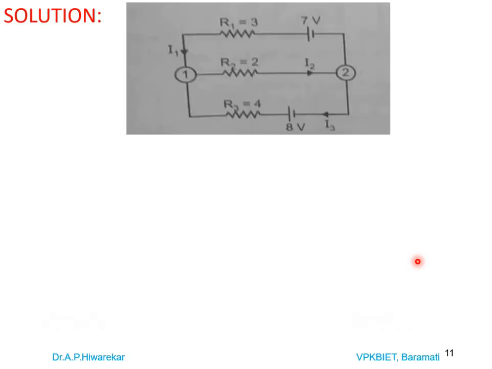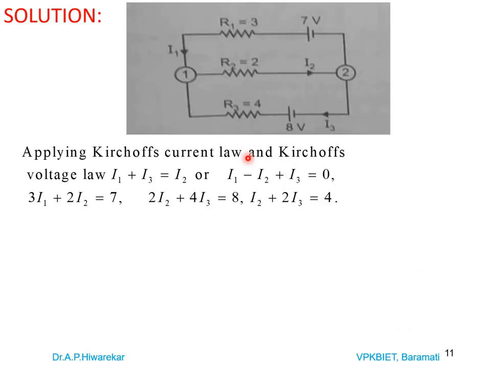So to solve this problem, again we apply Kirchhoff's law, and if we apply Kirchhoff's law for this particular junction, so here incoming currents are I3 and I1. So I1 plus I3 and outgoing is I2. So I1 plus I3 is I2. That means I1 minus I2 plus I3 is 0.